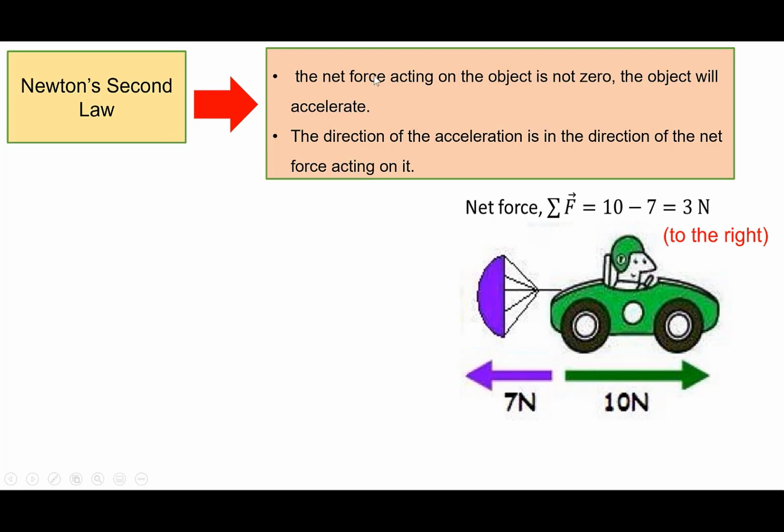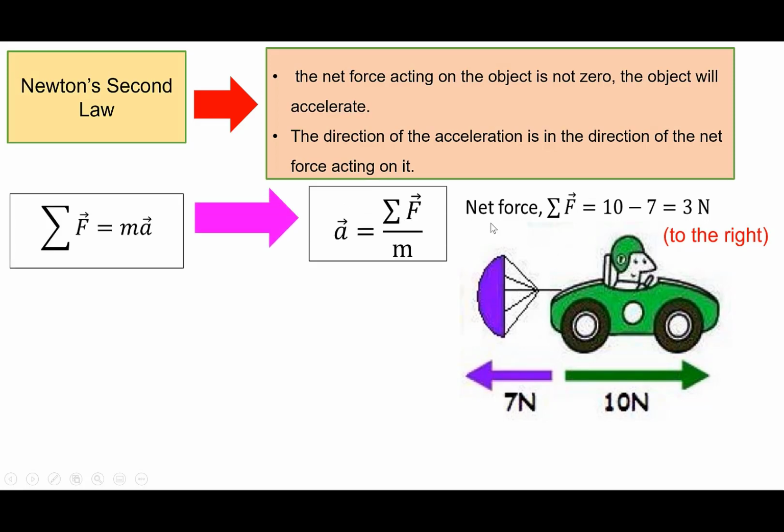So for example, if you drive a car, you have a force to the right, which is 10 Newton, and at the same time you have a force acting to the left, 7 Newton. When you calculate the net force, you have 10 minus 7, and you will get a net force of 3 Newton to the right. So your car will accelerate to the right, in the direction of the net force.